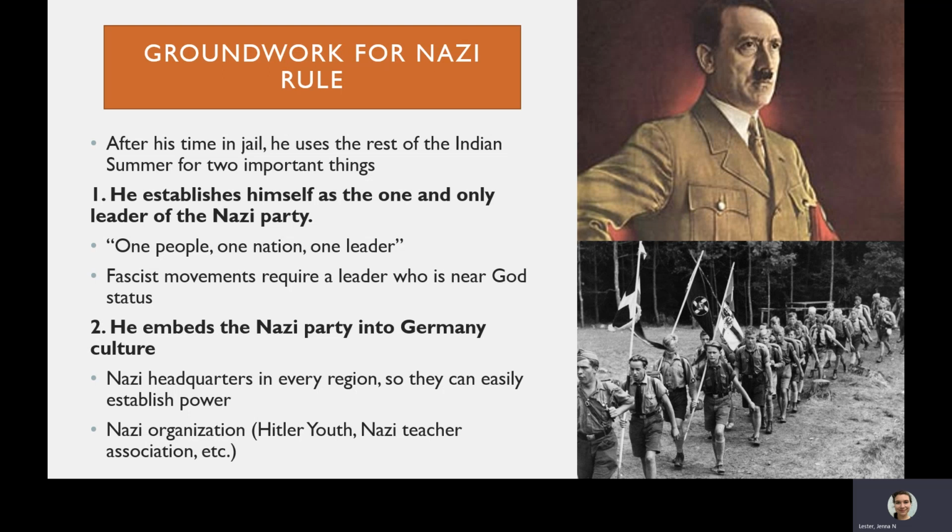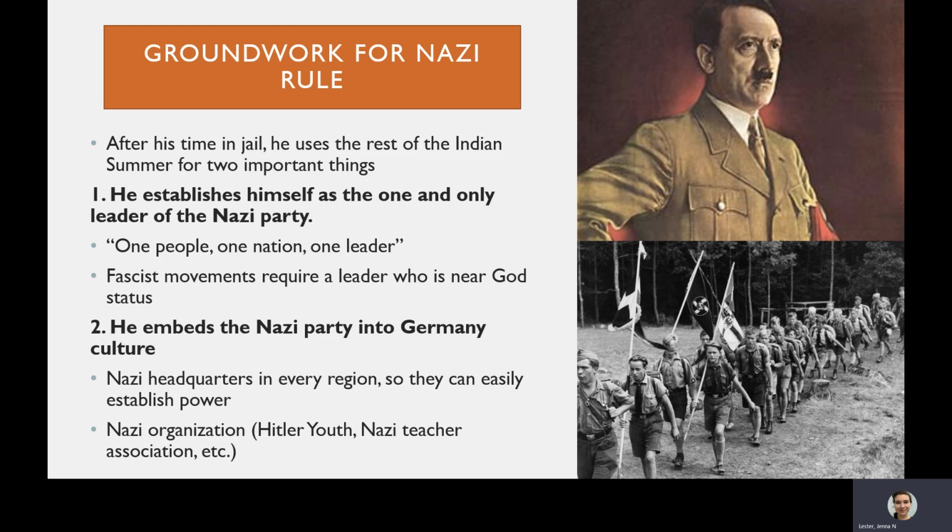He also embeds the Nazi Party into German culture, which was very clever, which feels weird to call Hitler clever. He basically sets up Nazi headquarters in every region, which serves two purposes. One, they serve basically as community centers. So they have organizations and clubs in them.